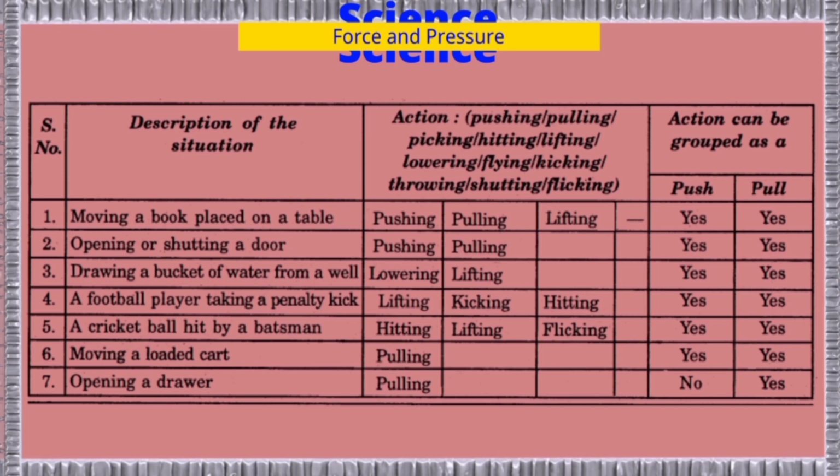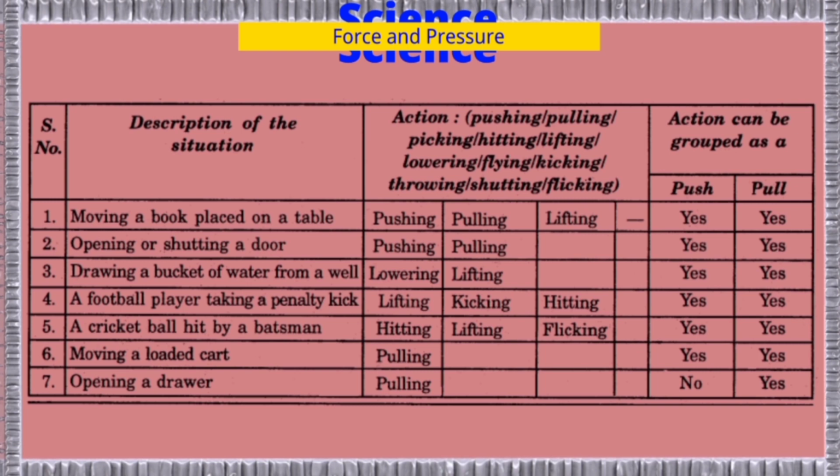Dear students, in this table some situations and some actions are given. See, these are all the situations: moving a book placed on a table, opening or shutting a door, drawing a bucket of water from a well, a football player taking a penalty kick, a cricket ball hit by a batsman, moving a loaded cart, and the last one, opening a drawer.